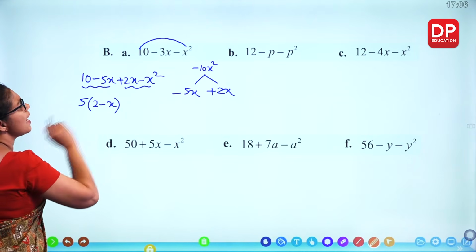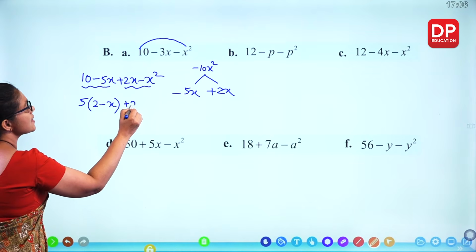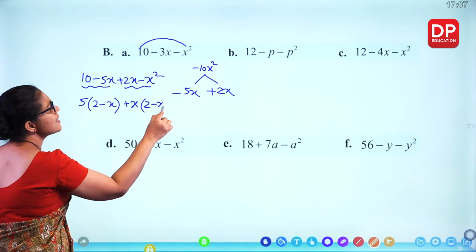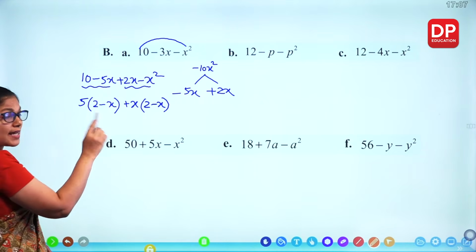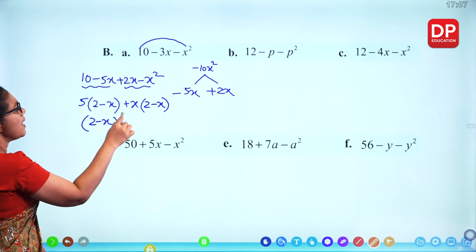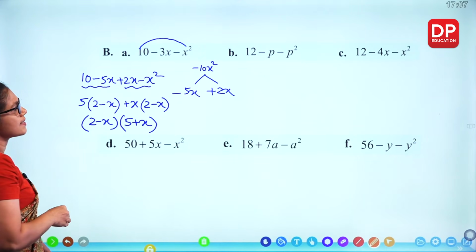Now from here I'll take plus x out. So when you take x out, you get 2 minus x. We can see 2 minus x is common, take it out, and the remaining part is 5 plus x.